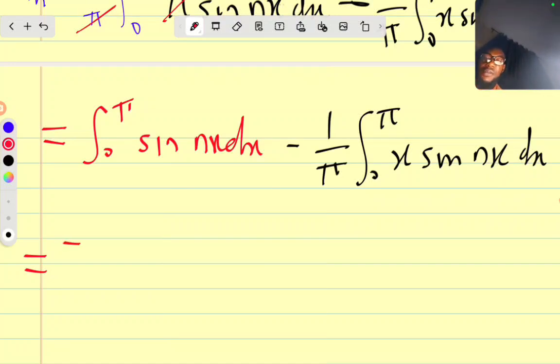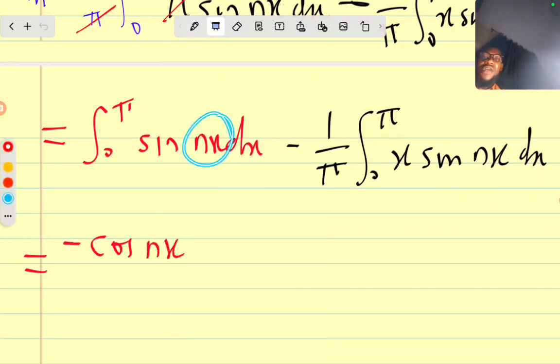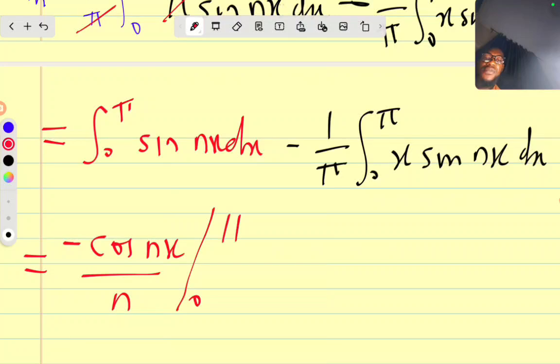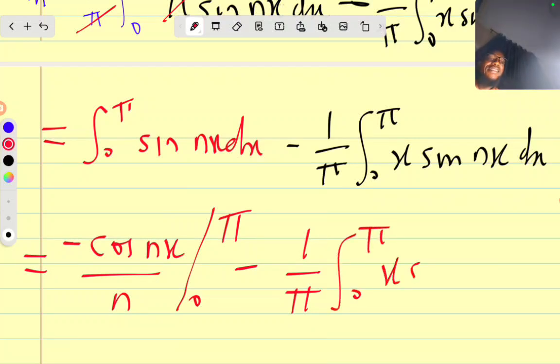So I'm going to have minus cos nx, and you have to divide by n, all over n, with my limit from 0 to pi. Then minus 1 over pi, the integral from 0 to pi x sine nx dx.